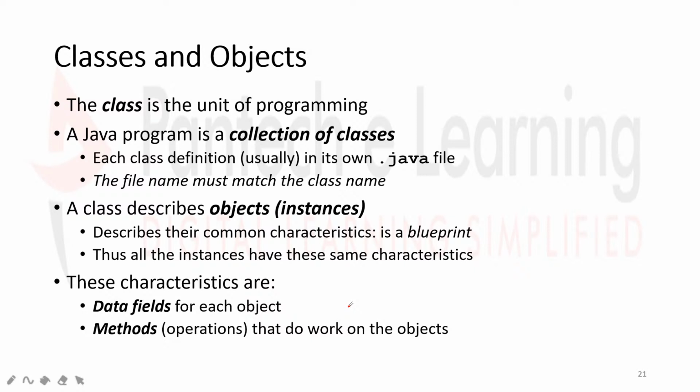Each class describes some objects. An object has common characteristics, that is the blueprint of that class. Most characteristics are data fields or methods. A method is also called a function. So each class has these.